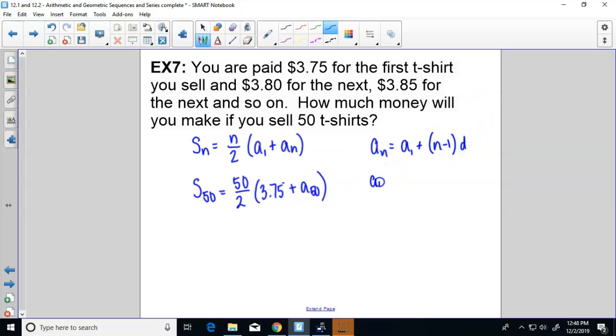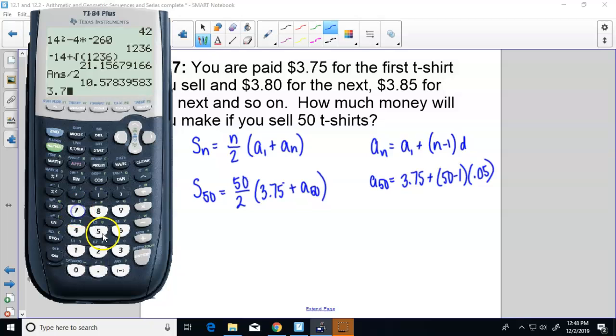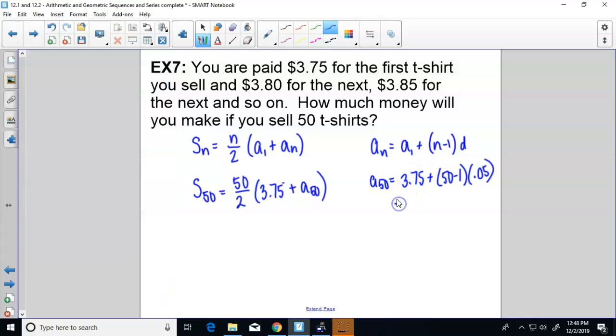And so a sub 50 would be 375 plus 50 minus 1 times the common difference, which in this case you're adding 5 cents, so 0.05. And so if we take our calculator and figure that out real quick, we will have 375 plus 49 times 0.05, and that'll give us 620.